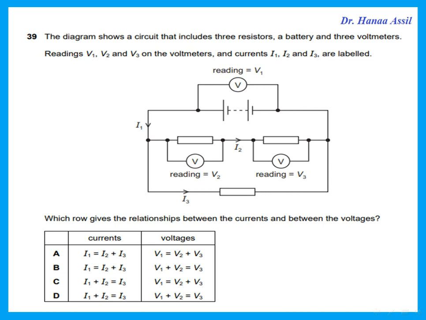So the total of I2 and I3 is equal to I1. So my answer is A or B. Then what about the voltages? Well, obviously also the addition of V2 and V3 will make up the total voltage in the battery, which is V1. So my answer is A.